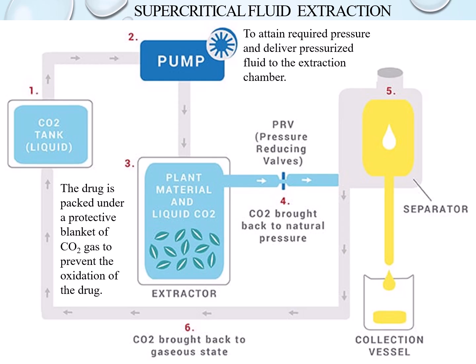When pressure is released, the carbon dioxide will convert into the gaseous form, leaving behind the volatile oil in the collection vessel, and the gas is again brought back into the carbon dioxide tank where it is again pressurized to convert the gas into the fluid, and the process is repeated several times.